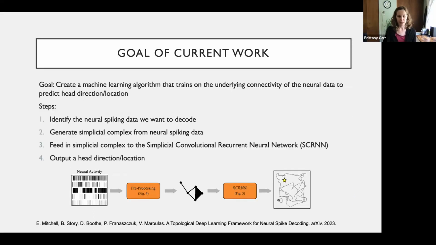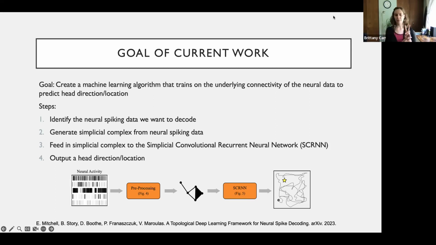Okay, so the goal of the current work that I've been working on with my collaborators is to create a machine learning algorithm that takes in this underlying connectivity of the neural data and is able to predict a head direction or a location. We'll break this down into a few steps. We'll identify the neural spiking data that we want to decode, and talk a little bit about the topology of that data.